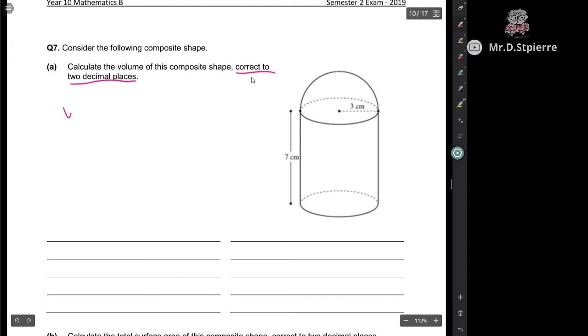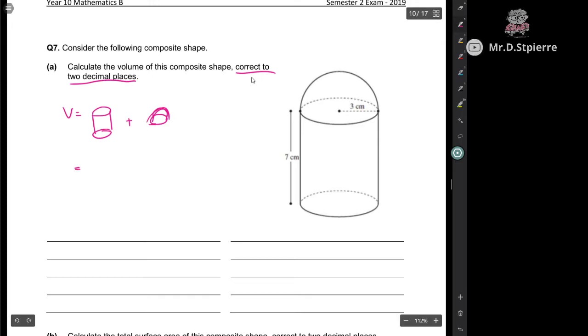So volume is equal to the volume of the cylinder plus the volume of the half sphere on the top.